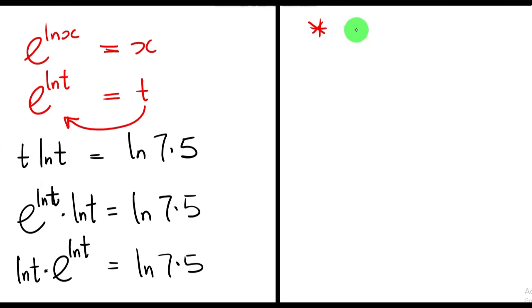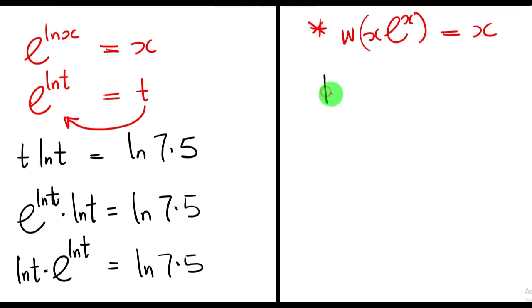Note that when we have x exponential of x, applying the Lambert W function gives us x. In the same vein, I'm going to apply the Lambert W function to both sides, the left hand side and the right hand side, because whatever you do to one side of an equation, you have to do to the other side.